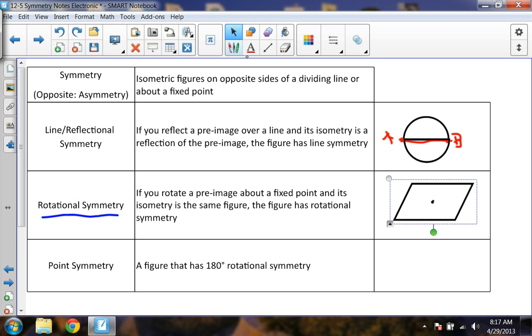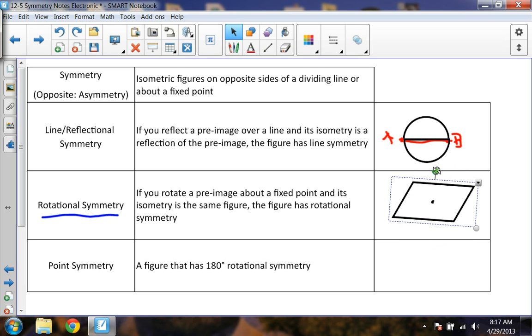Whenever you list something, it'll be from 0 degrees to 180 degrees. You wouldn't say 270 degrees, because that's the same thing as 90 degrees counterclockwise. So you'd always list something 0 to 180, clockwise or counterclockwise. Point symmetry is a figure that has 180 degree rotational symmetry. So this parallelogram, for instance, has 180 degree rotation, so it has what's called point symmetry.